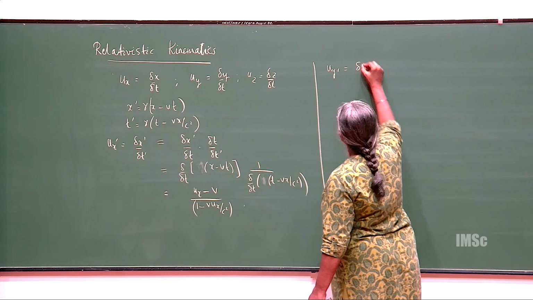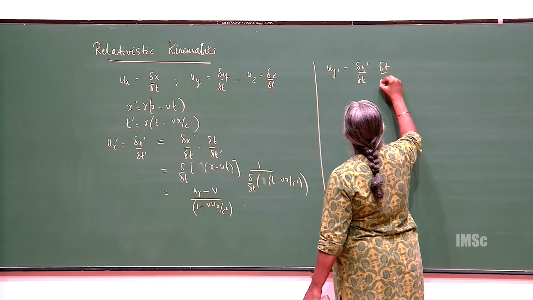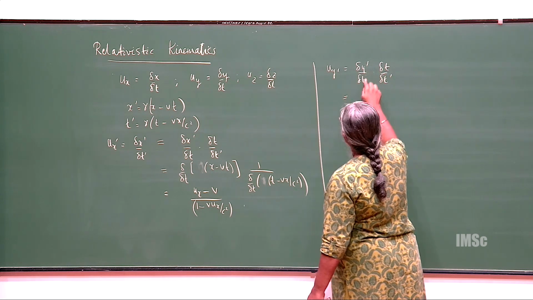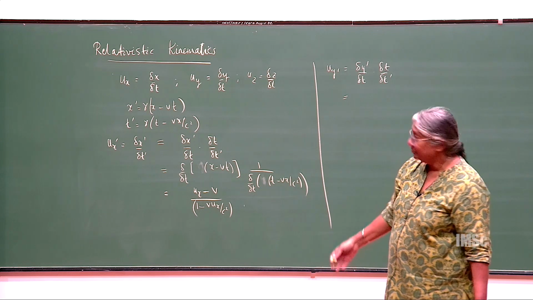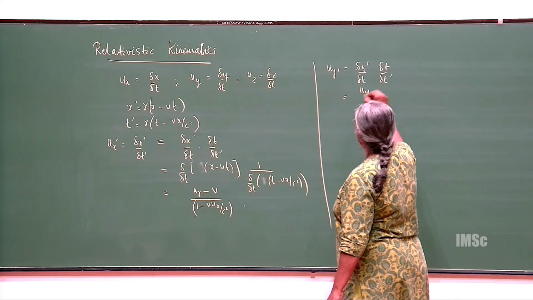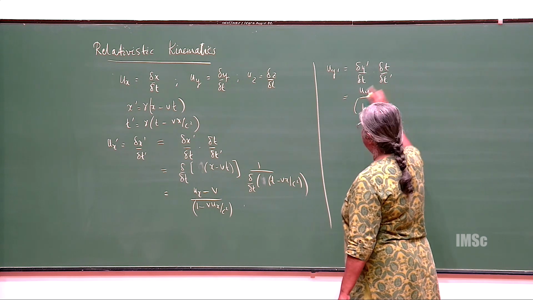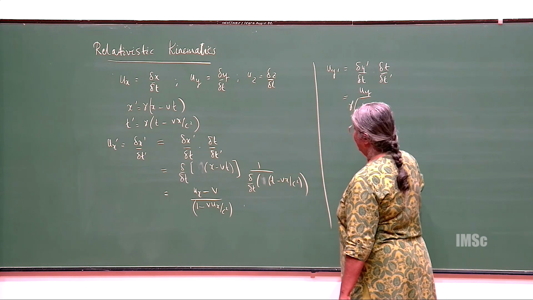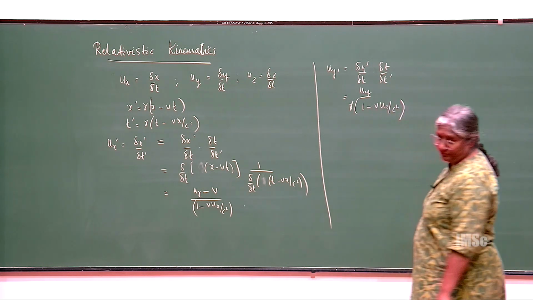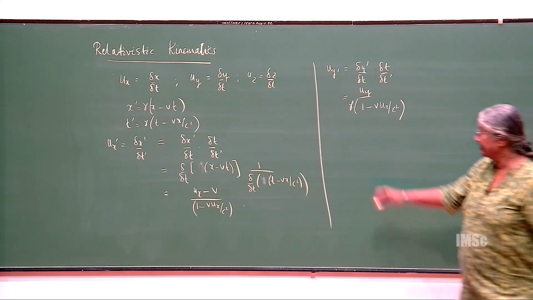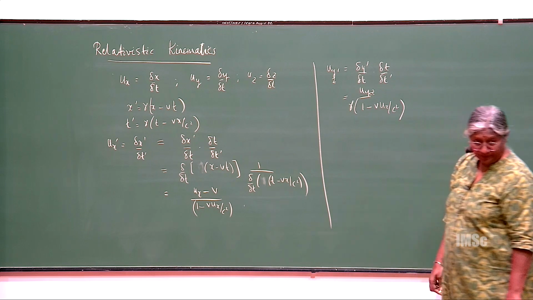Uy prime is delta y prime by delta t, divided by delta t prime by delta t. And delta y prime by delta t is simply uy, divided by the same denominator. But we can't cancel the gamma now. And of course uz is the same thing. So whether it's y prime or z prime, they will be the same.